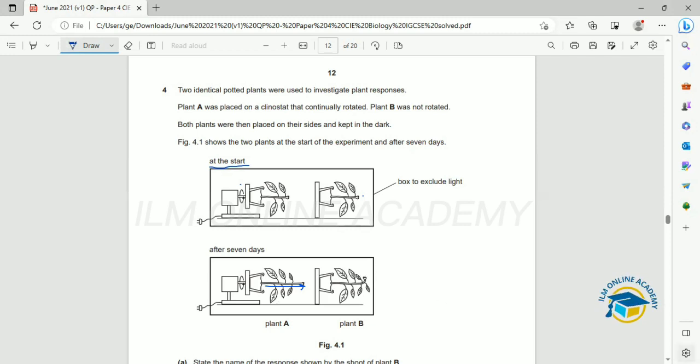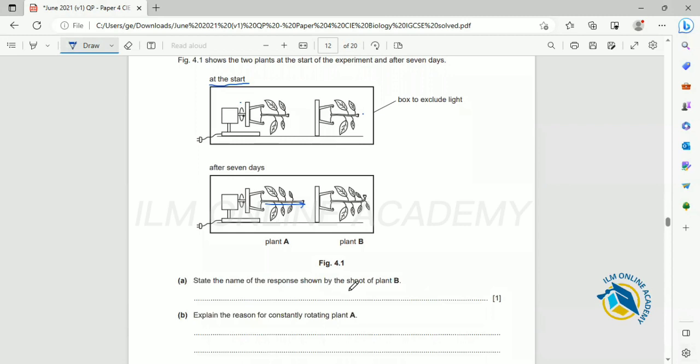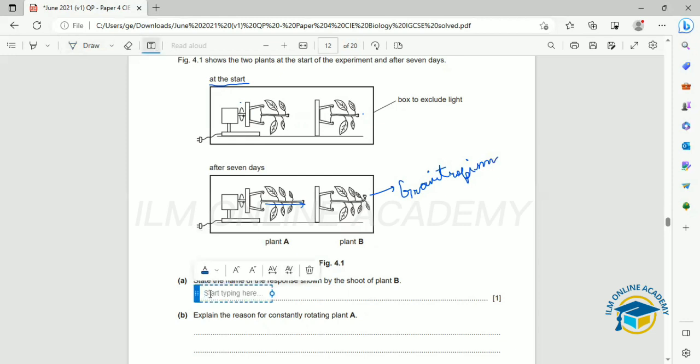Now state the name of the response which is shown by the shoot of plant B. This turning of the shoot of plant B is due to a phenomenon named gravitropism. Gravitropism is a really important phenomenon for seedlings and plants, because it ensures that the shoots go upwards and the roots go downwards as they grow.